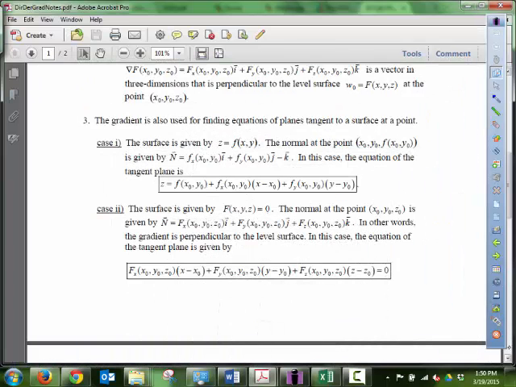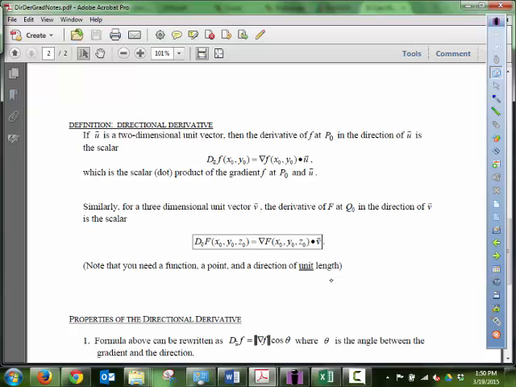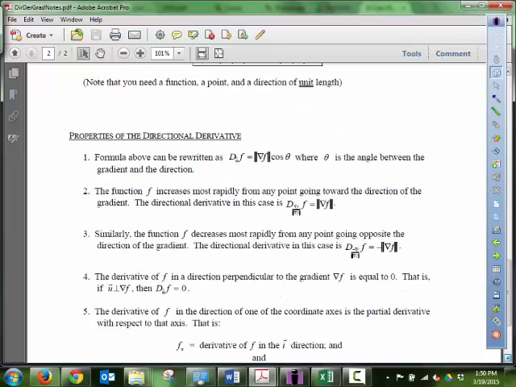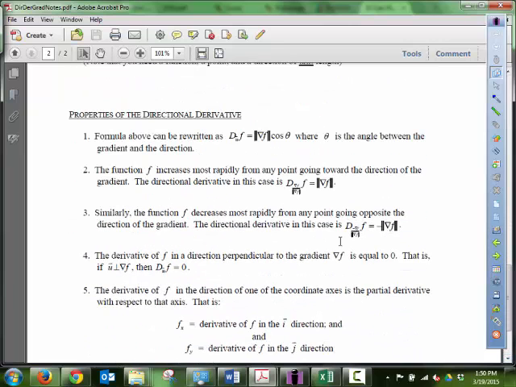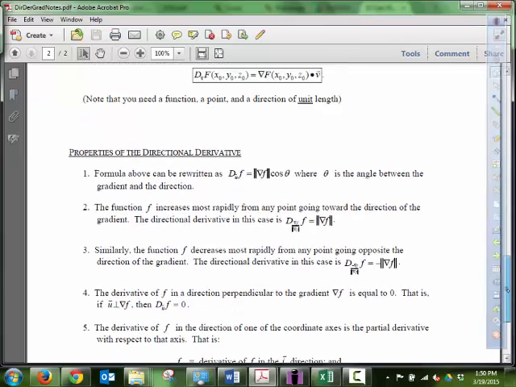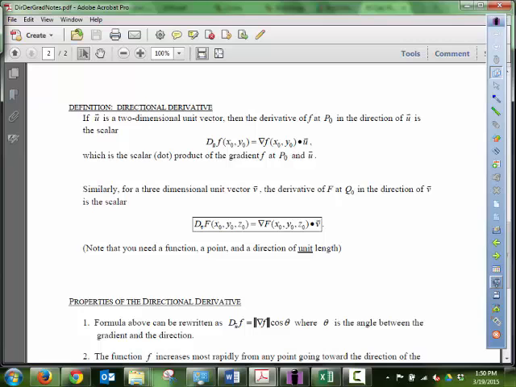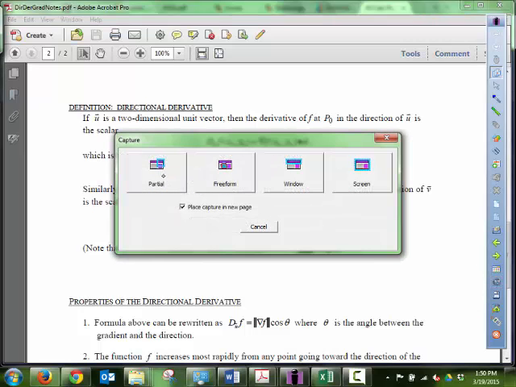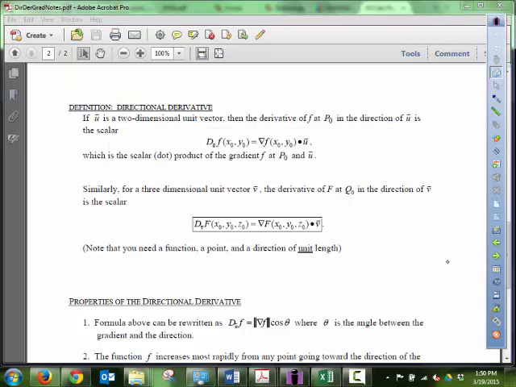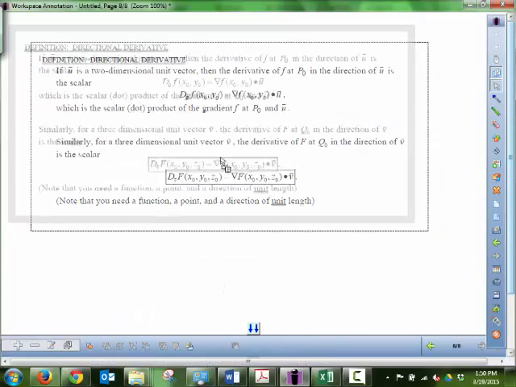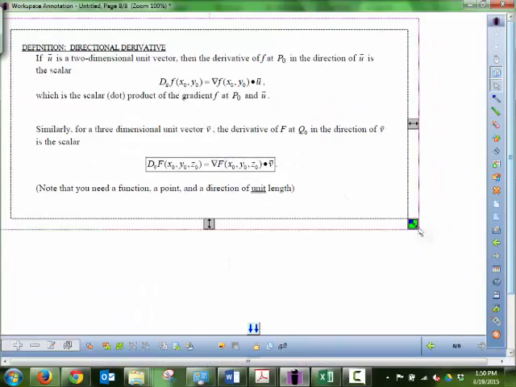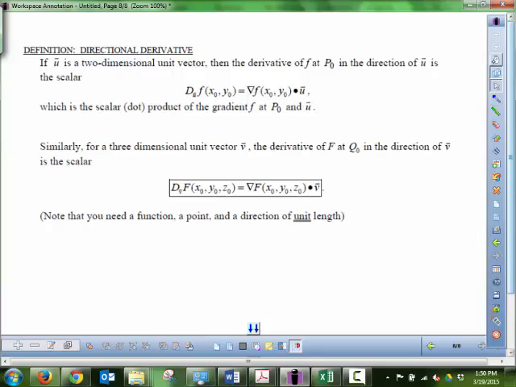So the next page is dealing with directional derivatives. Here's a definition for directional derivatives, and here are some important facts about directional derivatives. A couple of things that I did not go over are a couple of properties for the directional derivative. So here's a definition of the directional derivative, which I won't go over.